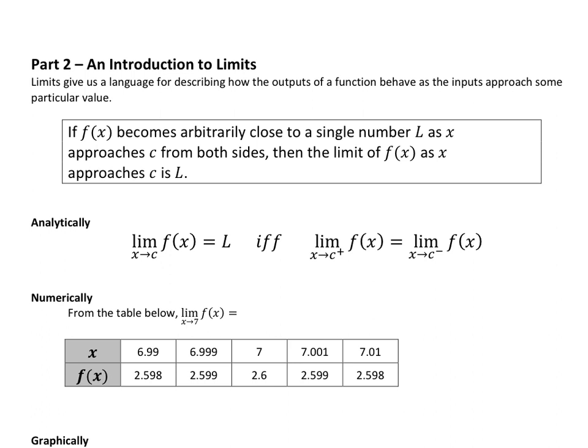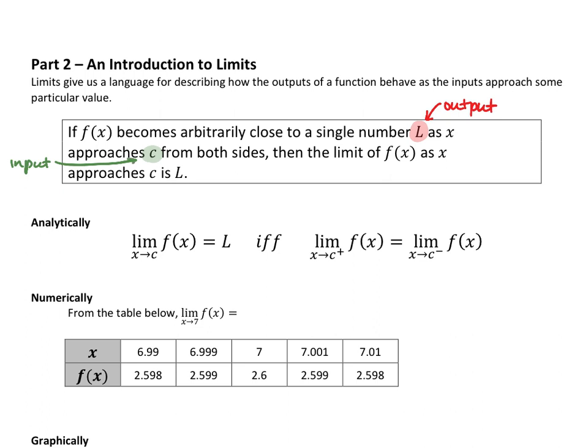Limits give us a language for describing how the outputs of a function behave as the inputs approach some particular value. In words, the definition of a limit is: if f of x becomes arbitrarily close to a single number L as x approaches c from both sides, then the limit of f of x as x approaches c is L. It's saying that if the outputs get really close to some number as the inputs get close to some number, those numbers don't have to be the same.